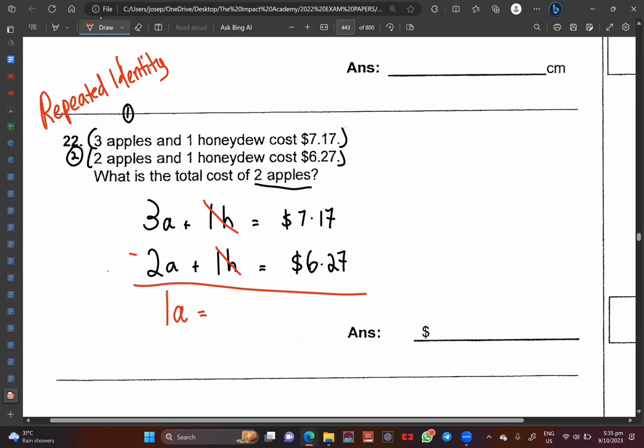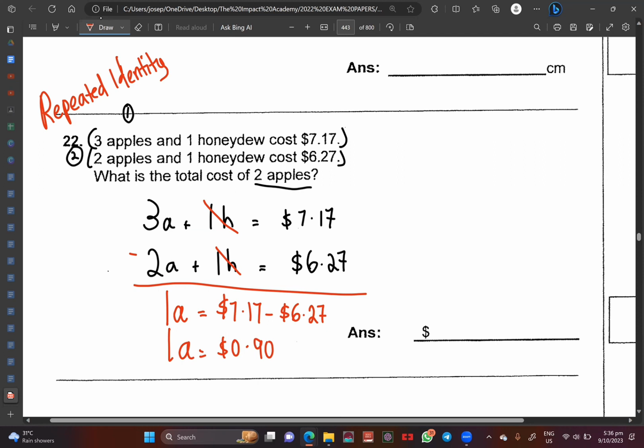Agree? 1 apple is actually equals to $7, sorry, not $17, but $7. 1 apple is actually equals to $7.17 minus away $6.27. Do you agree? So 1 apple is actually equals to how much? $7.17 minus away $6.27, we get to 90 cents.